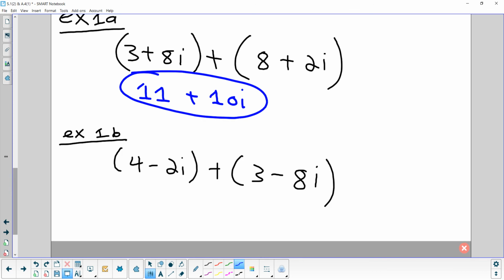All right, let's try that one. 4 minus 2i plus 3 minus 8i. So, Don, when I add those together, what's going to be my real part? 7. Okay. And Raymond, when I add those up, what's going to be my imaginary part?